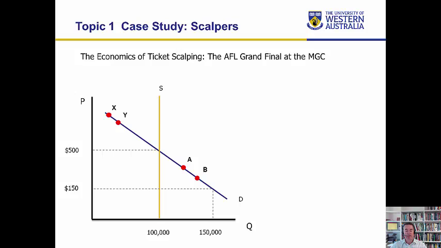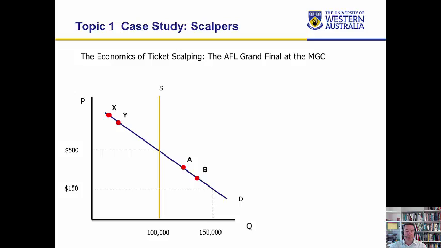Now, the reason I've drawn the vertical supply curve is that if you think of the type of events that most ticket scalpers operate at, we're talking things like sporting events, music concerts, those sorts of events. The capacity of those venues is actually fixed. So what I've drawn here is the AFL Grand Final at the Melbourne Cricket Ground, the MCG, and that venue has a capacity of around about 100,000 seats.